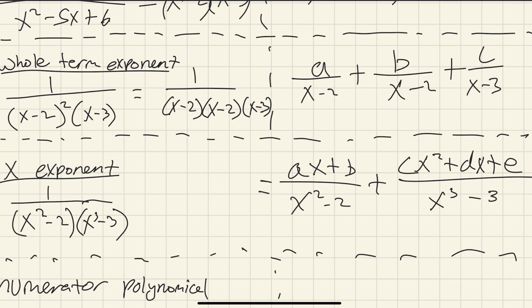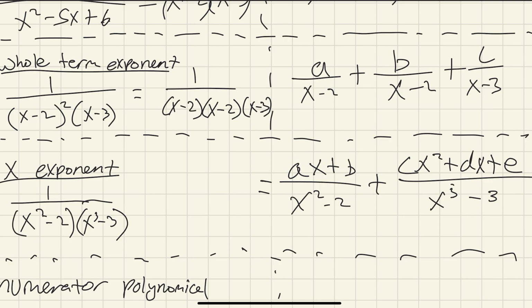So you may have caught on to what it looks like, but basically, whatever the exponent of the denominator is, you take that down by 1, and you start writing out your terms, continuing to take it down. So in this case, we have x squared, so we get ax plus b.